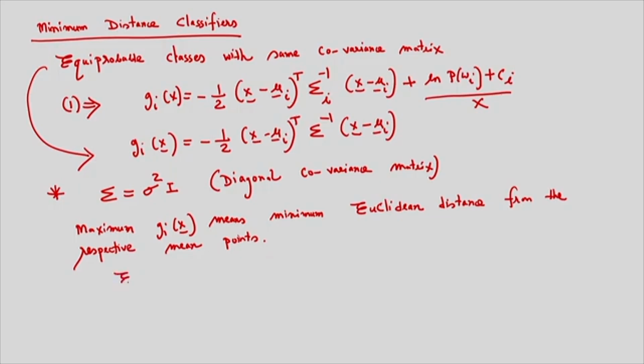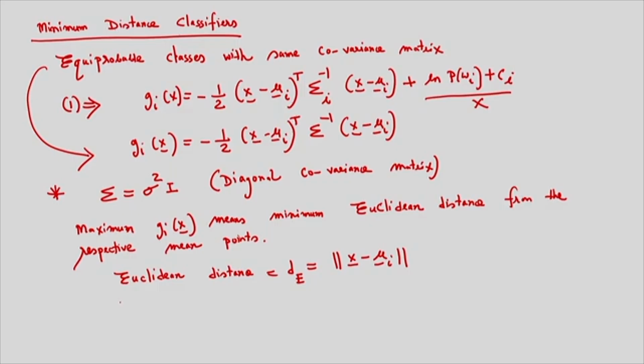So what is the Euclidean distance? I can write d_E, the Euclidean distance, as the Euclidean norm between x and mu i. So maximum discriminant function means the minimum Euclidean distance from the respective mean points.